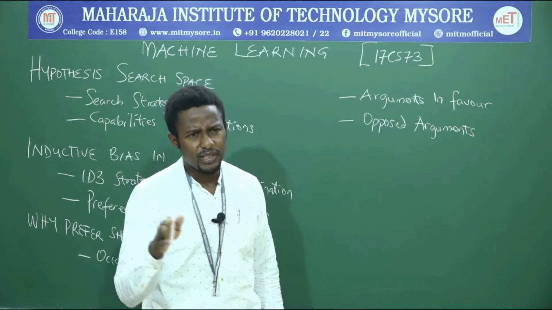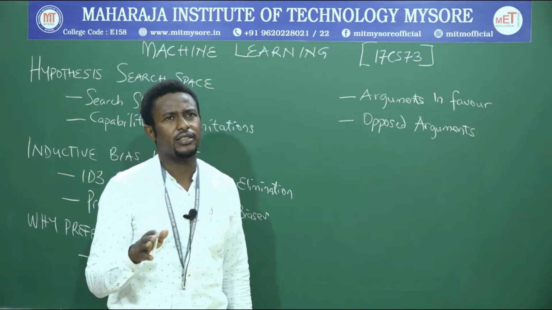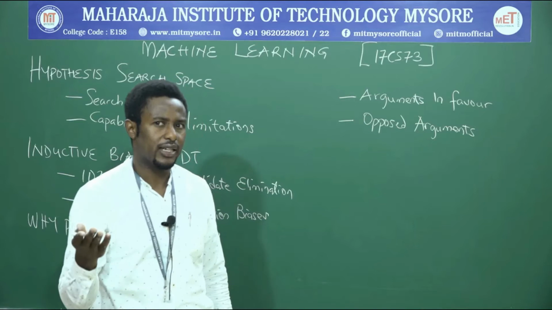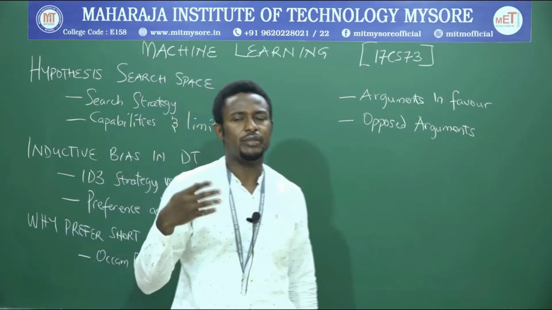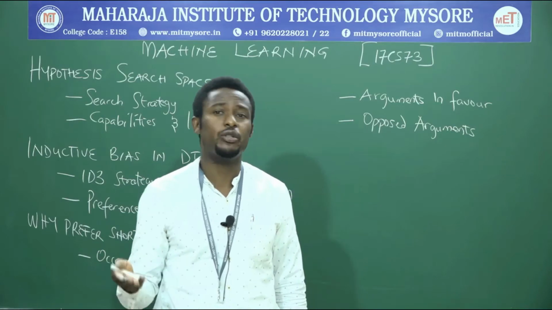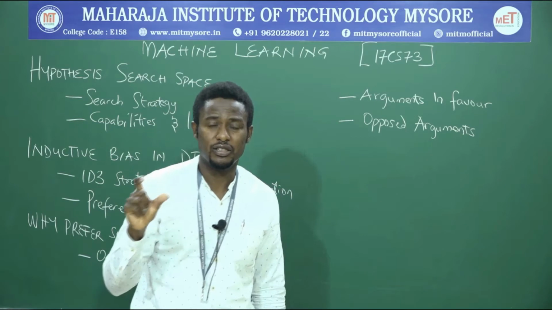Because all the possible decision trees, if we increase the data set, can be enormous, right? And it might even lead us to situations where we will not be able to arrive at a logical conclusion.